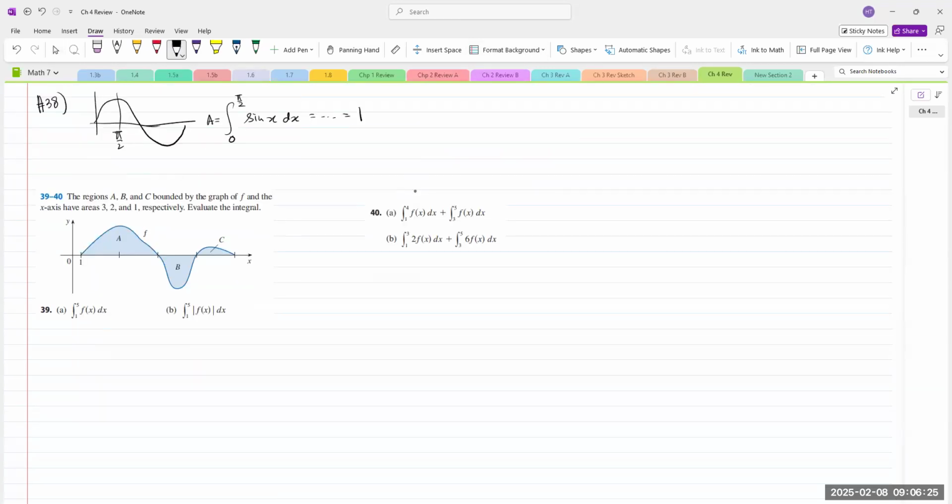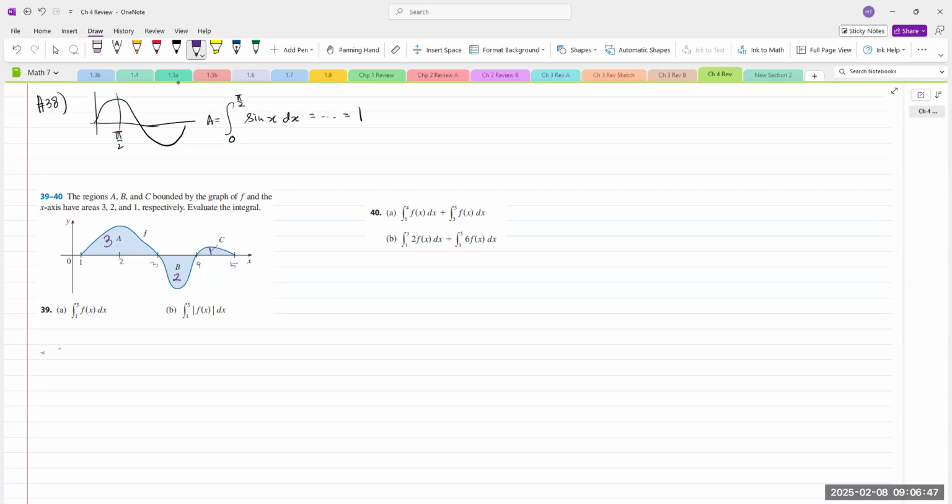Regions A, B, C bounded by the graph and the x-axis have areas 3, 2, and 1. Area 2 is -2 to be more precise because it's below, and this is 1. So part A, what is the integral from 1 to 5? This is 1, 2, 3, 4, 5.